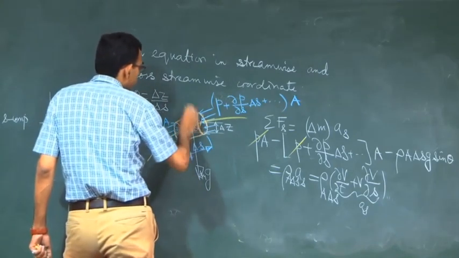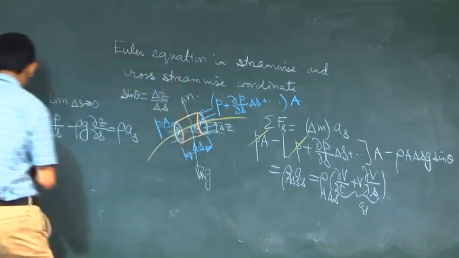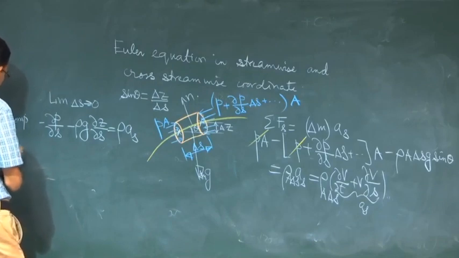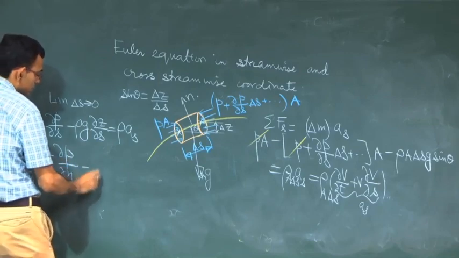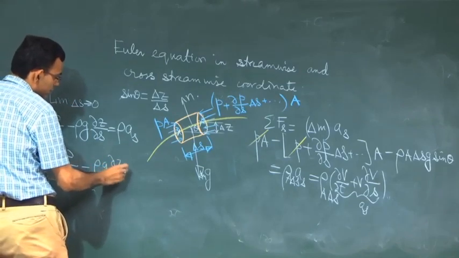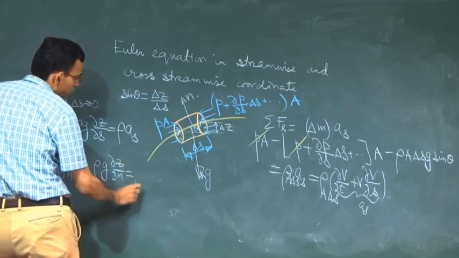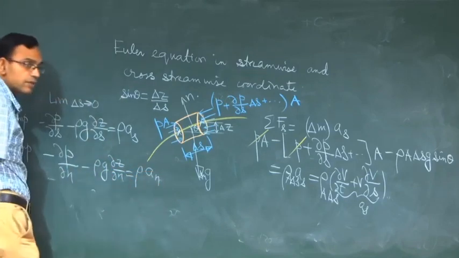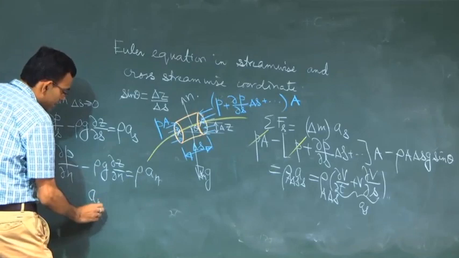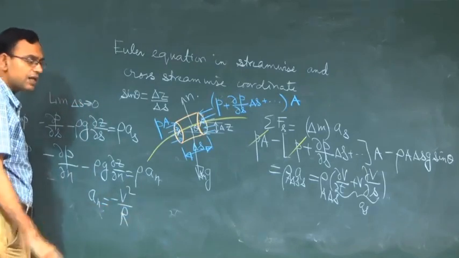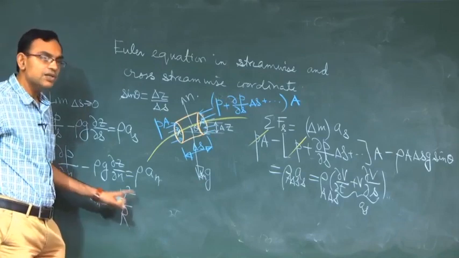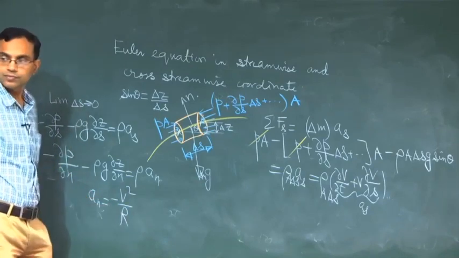If you consider a coordinate n which is perpendicular to S, so what is a_n? a_n is minus V square by R, where R is the local radius of curvature of the streamline.